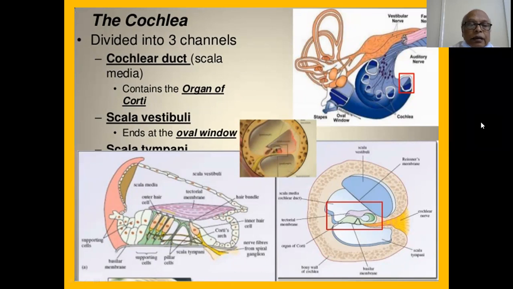They get excited by each vibration of the tectorial membrane. Inside the triangular area there is Corti lymph, whose action is not known. At the base of these hair cells, there are very, very fine nerve fibers which carry the impulses.